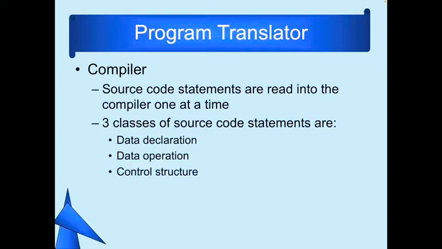Another thing is the three classes of source code statements. In your coding, we will have what we call first, data declaration. That means you declare the variables that you use. And then the operation that you need to do. Declaration, operation, and control structure. Control structure means we have if, then, for, and so on.